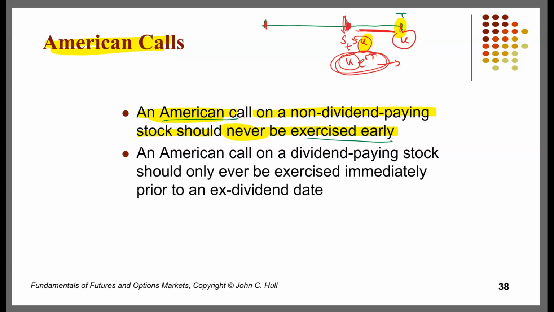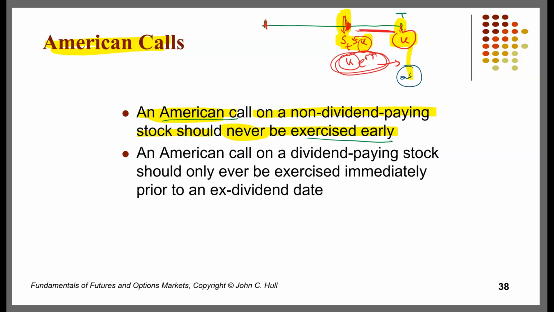Another reason you don't want to exercise the American option early is that the option may be in the money now, but if you exercise, essentially you're paying K for the stock at this point in time. But at expiration, it may just be that the option is out of the money.